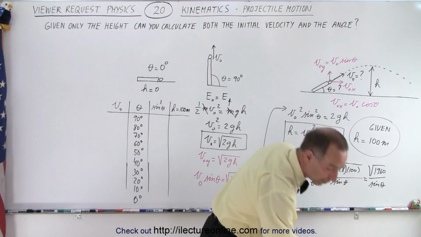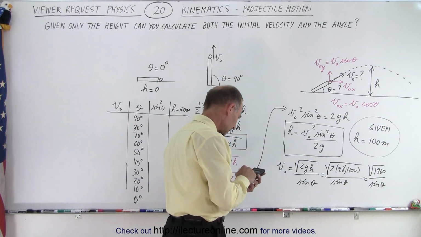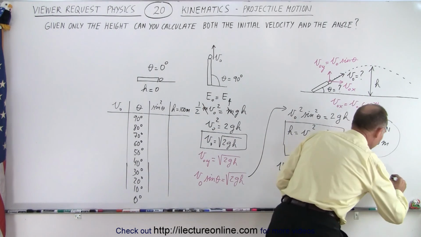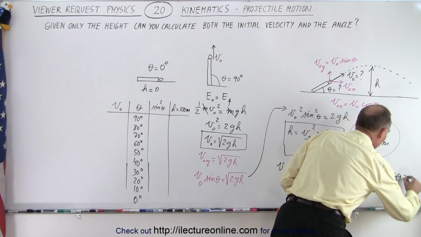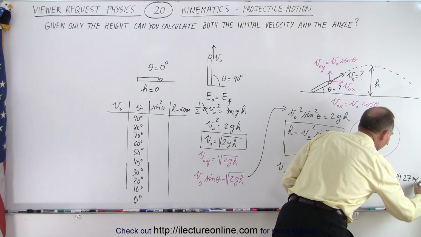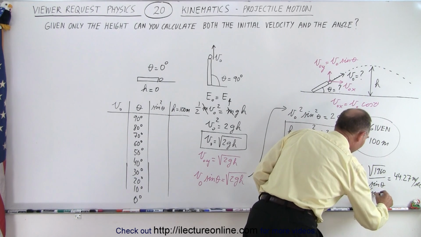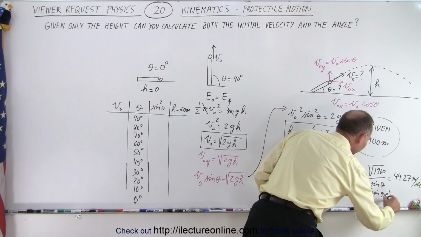And what is the square root of 1960? Take the square root, that's 44.27 meters per second. So if we have the sine of 90 degrees, right?